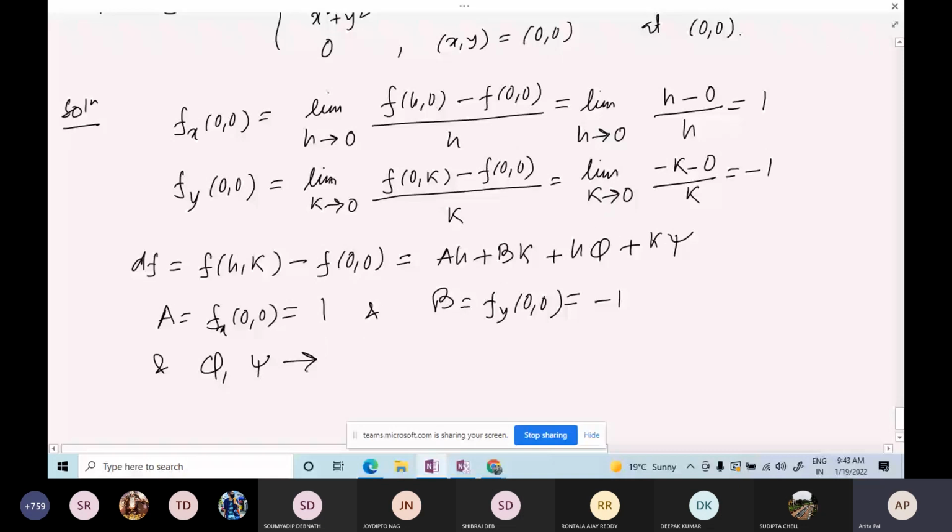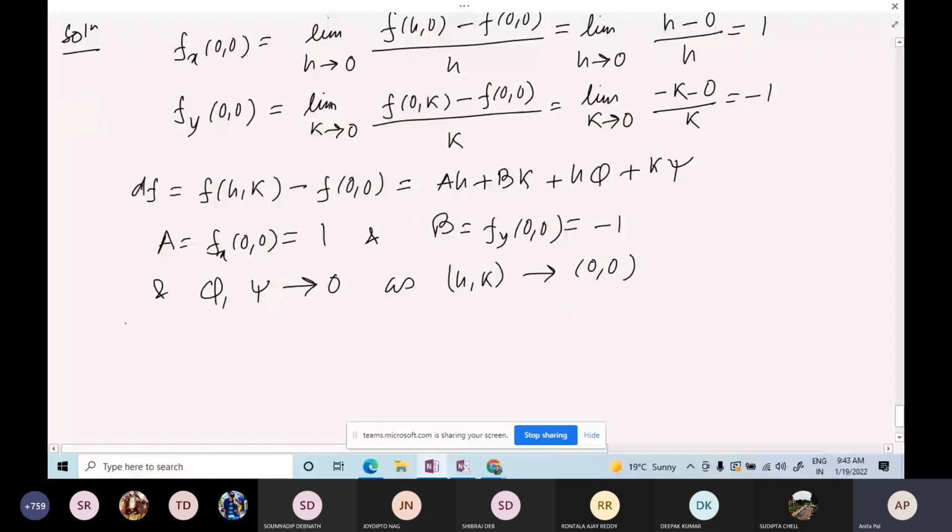Now we'll put h equal to r cos theta and k equal to r sin theta. Let this be equation number 2.